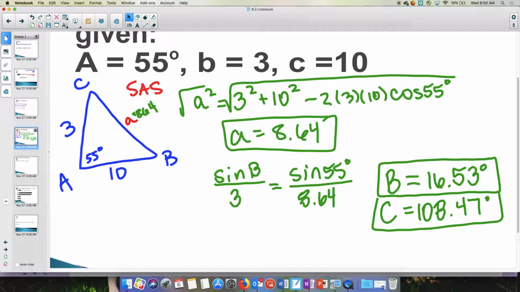If we would have set up the law of sines with angle C first, okay, we would have gotten that angle. That's not what we got, is it?